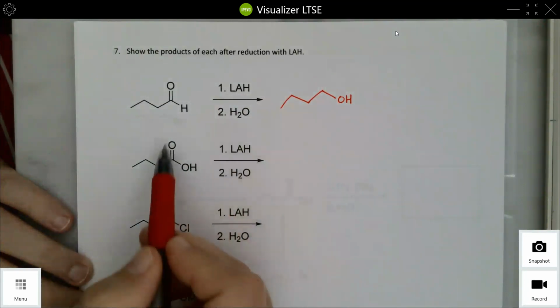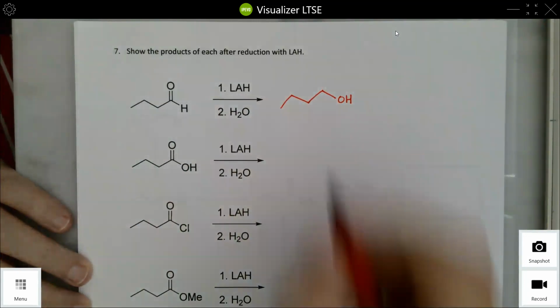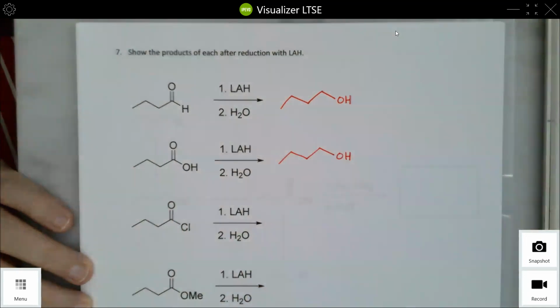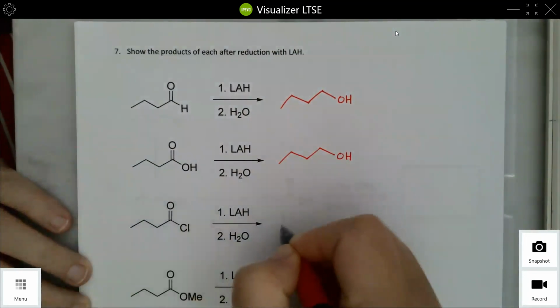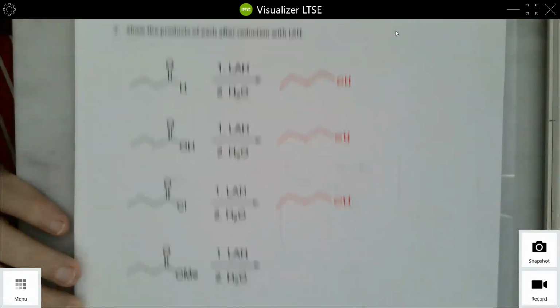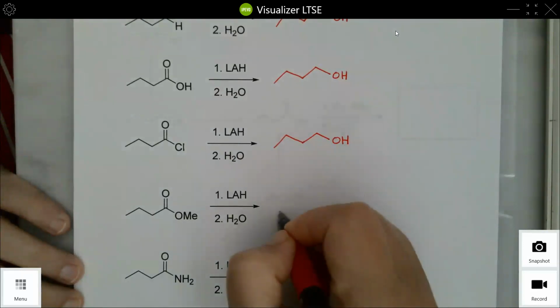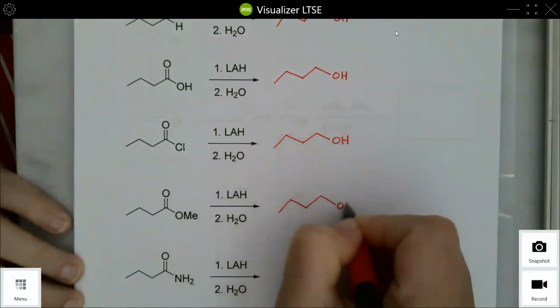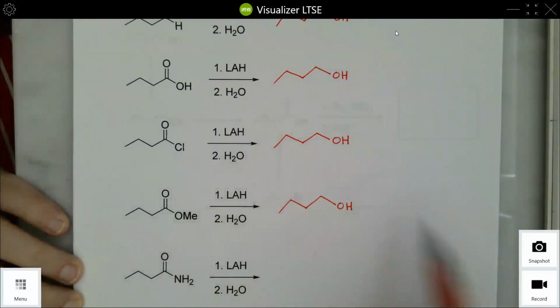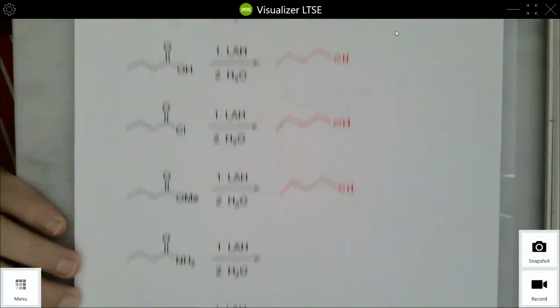LAH can also reduce a carboxylic acid all the way down to a primary alcohol. It will also reduce an acid chloride down to the primary alcohol, and it will reduce an ester down to the primary alcohol. You would also get methanol in this one, but that's just a byproduct, so typically we don't mention it.